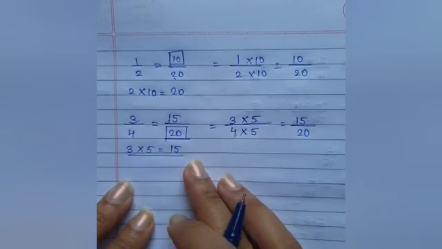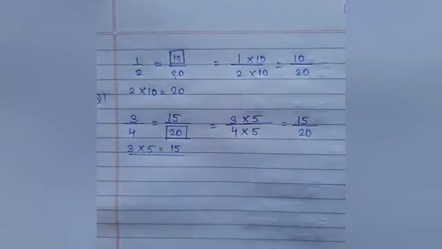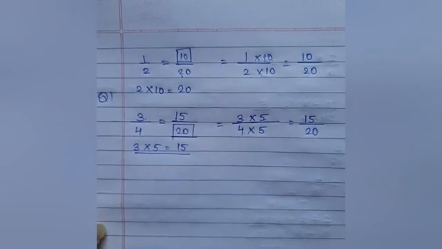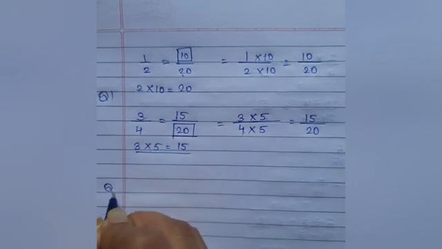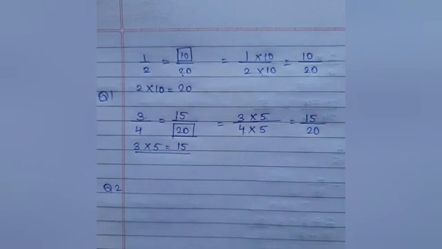This was about our question 1. Now we will solve our question 2. In our question 2, we are supposed to find an equivalent fraction to all the fractions by using denominator 18.